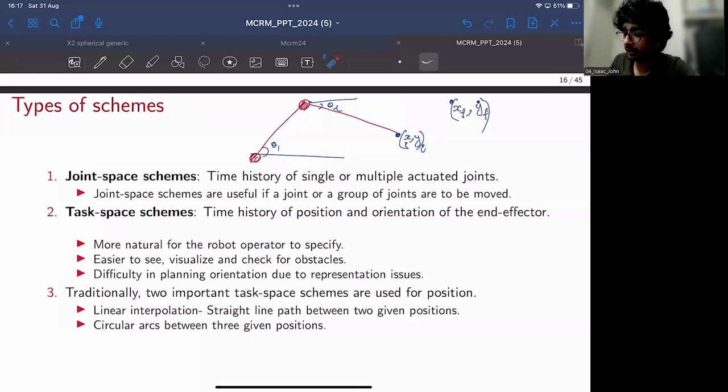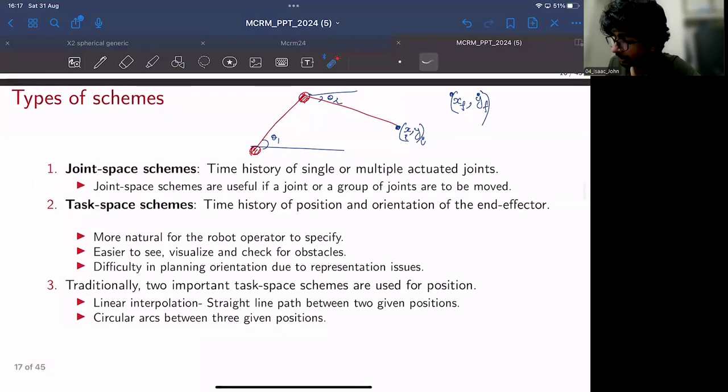So both ways you can do that. The first scheme is called joint space, and the other is task space. And there are a few subtle differences between those 2 kinds of trajectory planning.